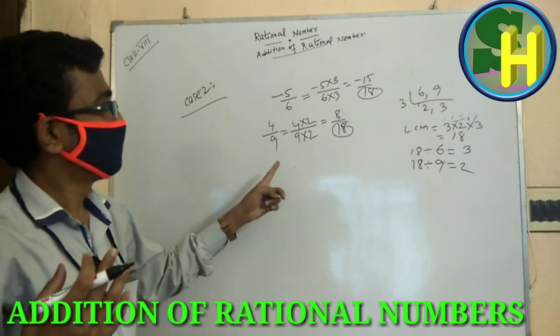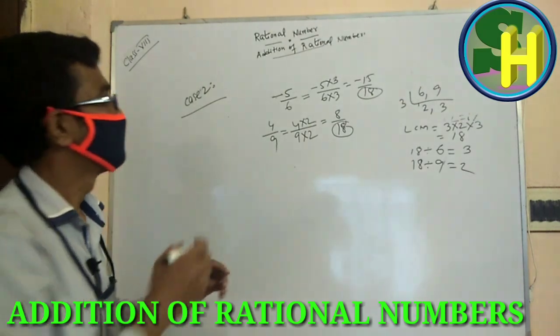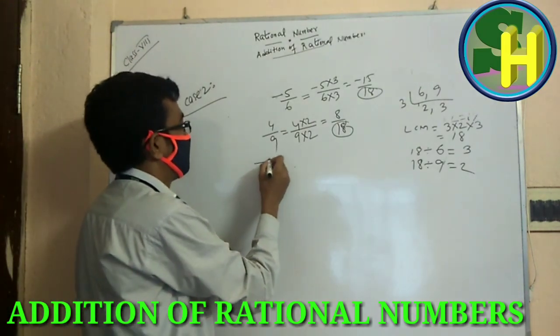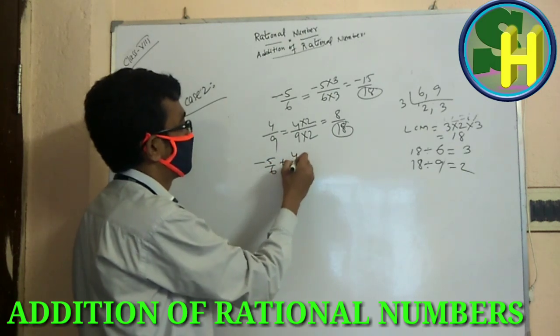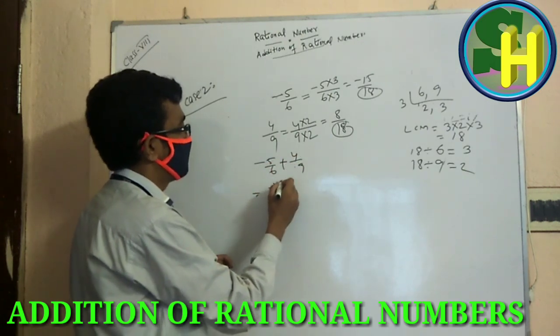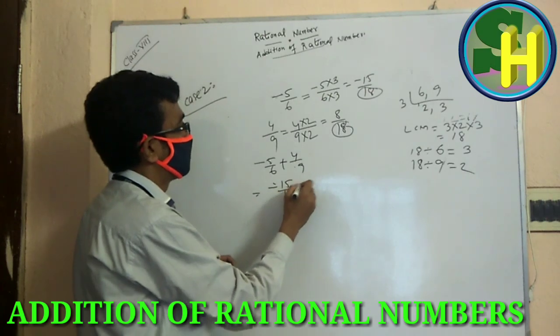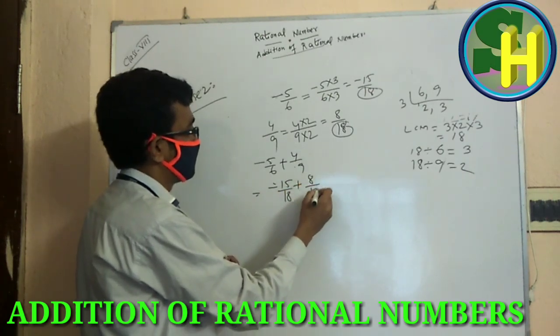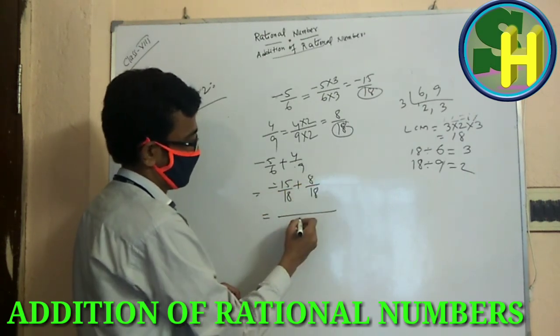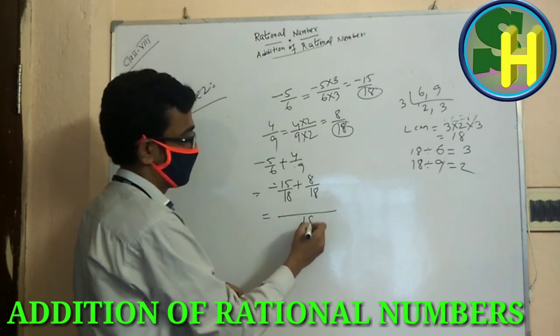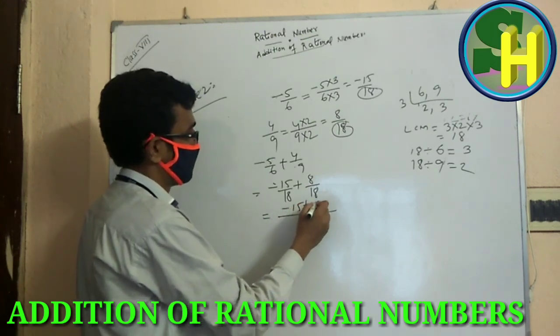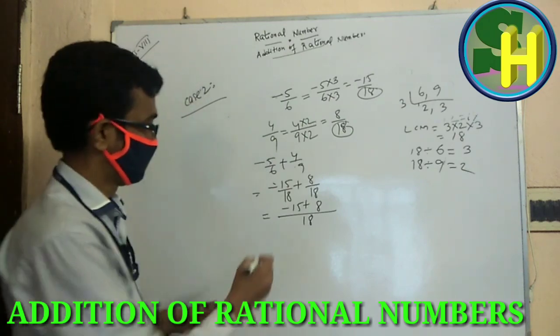If the denominators are the same, you just simply add. Minus 5 by 6 plus 4 by 9 means minus 15 by 18 plus 8 by 18. So this is the same denominator. So minus 15 plus 8 over 18.